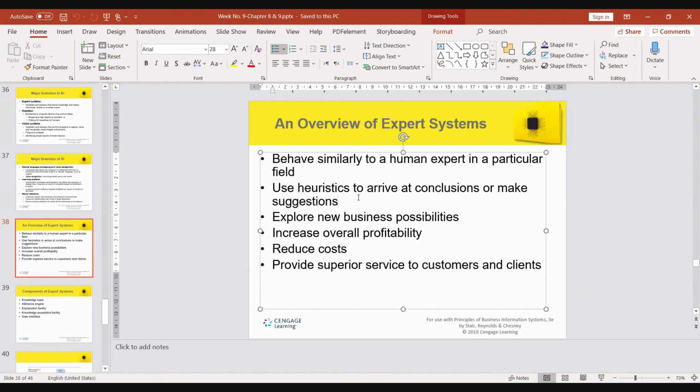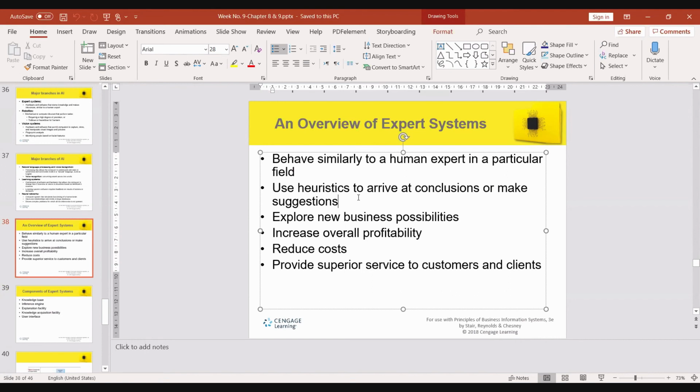There is a system and you can interact with it. The system will ask you questions, you will answer, and then the system will suggest whether you should take admission in CIS or CS or some other program. Doctors use these expert systems for diagnosing different diseases.